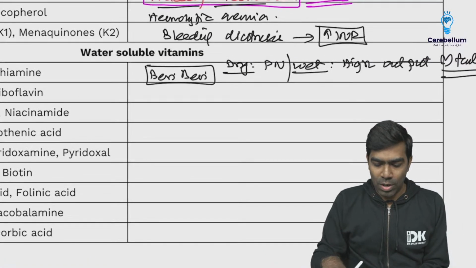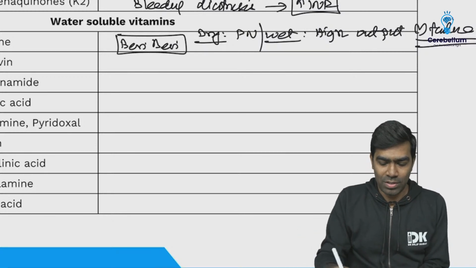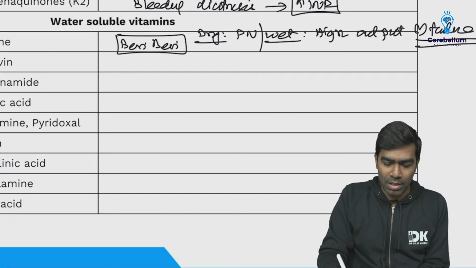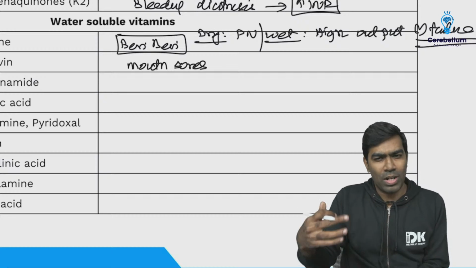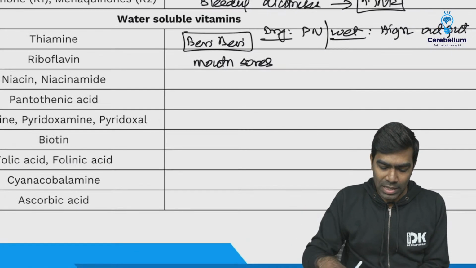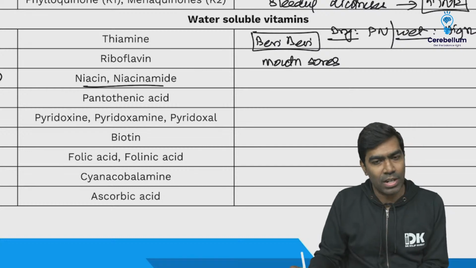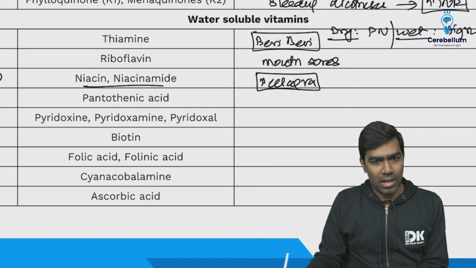So what about riboflavin deficiency? Riboflavin deficiency will produce ariboflavinosis, which can produce local symptoms like mouth sores, mouth ulcers, some small skin changes. And vitamin B3 is called niacin. This is very commonly asked in exams, that typically tends to produce something called pellagra.